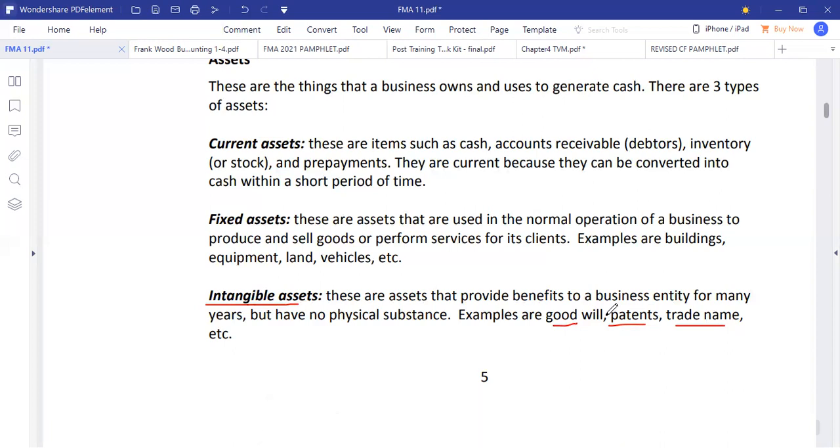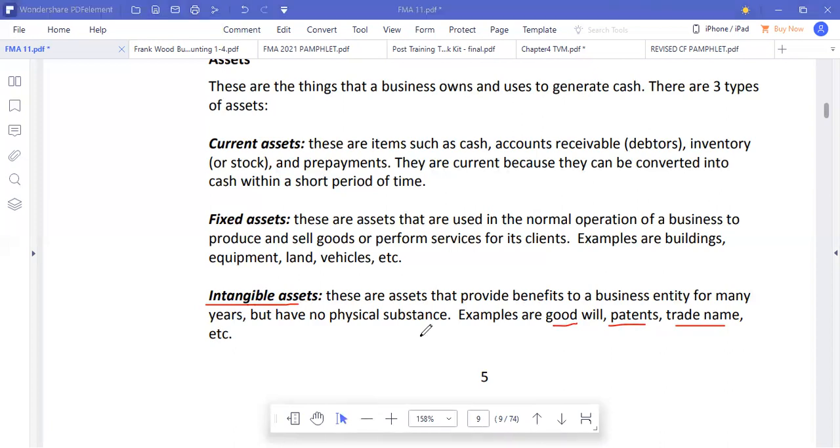For instance, Total. If you want to open a filling station, you buy the goodwill. This is an intangible asset for you to operate under their name. This will be a cost because it has taken time for an institution like Total to really have a name that it has established over the years. Are we following? Are we together?